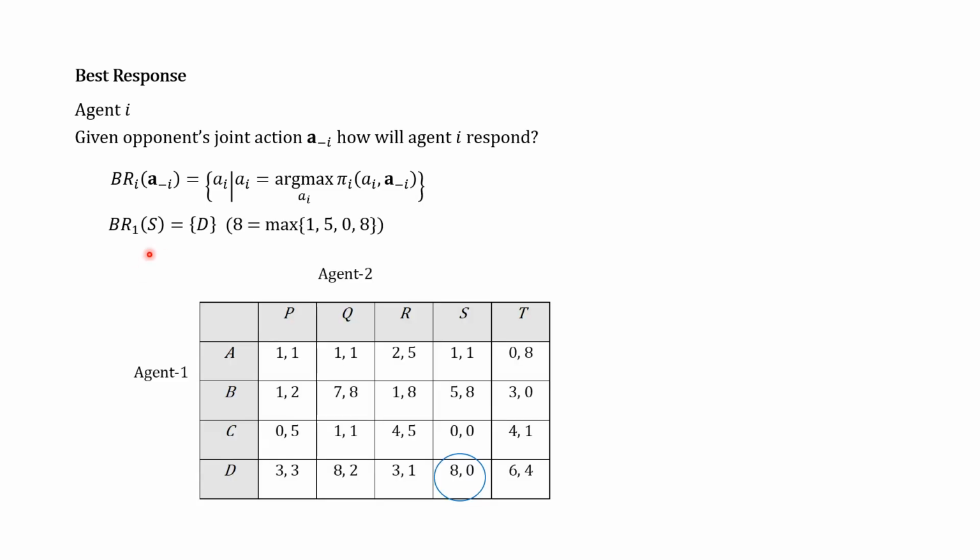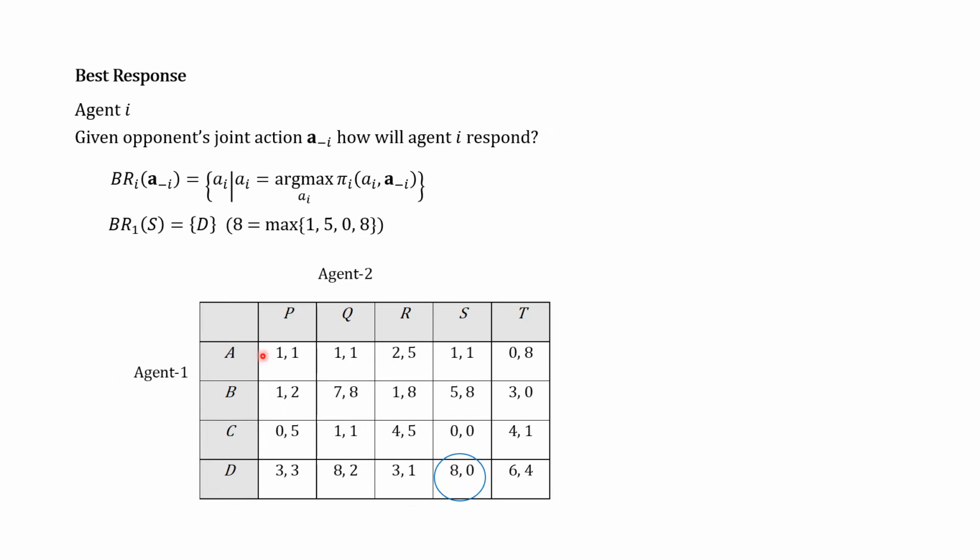So here's an example. Suppose agent 2 plays S. Then the best response of agent 1 is only one action, D. Why is that? Because when agent 2 is playing S, we focus on this column.